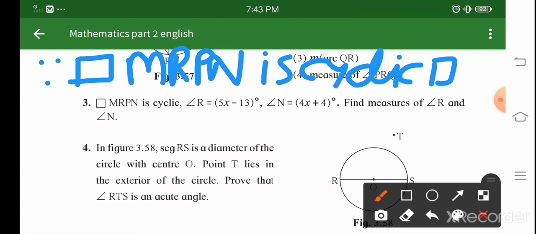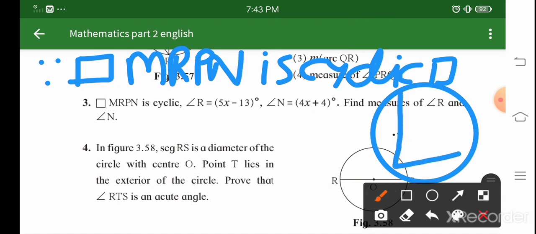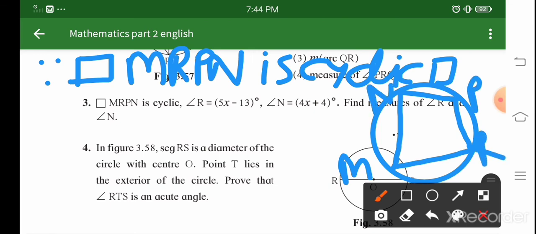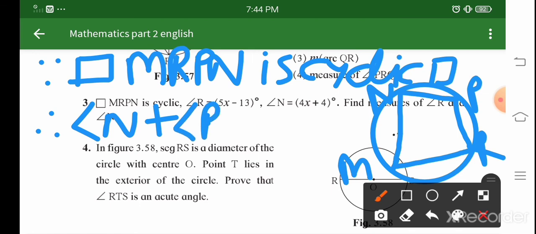Cyclic quadrilateral. So suppose I just draw this. Suppose this is cyclic, this and this is also okay. So just take the names as M, R, P and this is N. So this is a cyclic quadrilateral, so we can say that therefore angle N plus angle R, this angle and this angle, should be supplementary, that means 180 degrees.